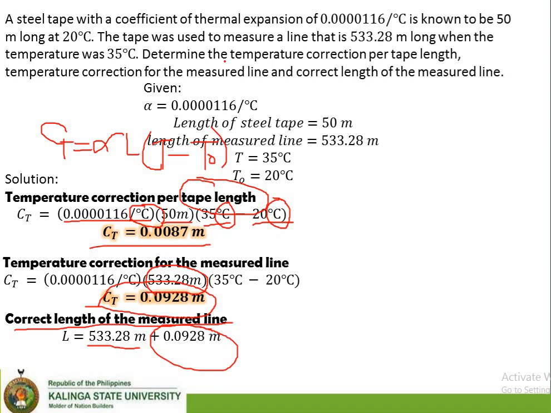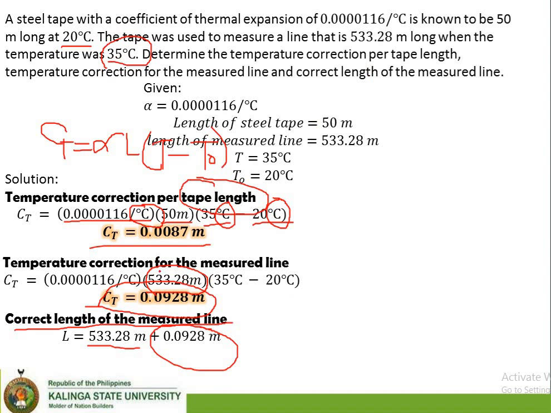If you try to look at the problem ulit, yung standard temperature is 20 degrees Celsius. Pero nung nag-field sila, yung temperature ay nag-increase by 35 degrees Celsius. So, from 20, pumunta siya sa 35. So, nag-increase ng temperature. Anong sabi natin?